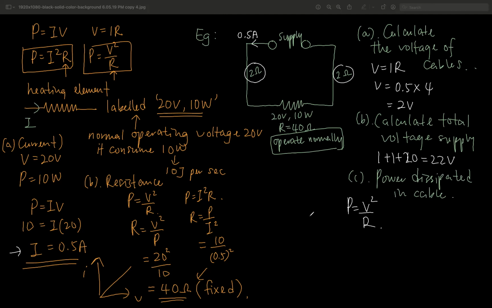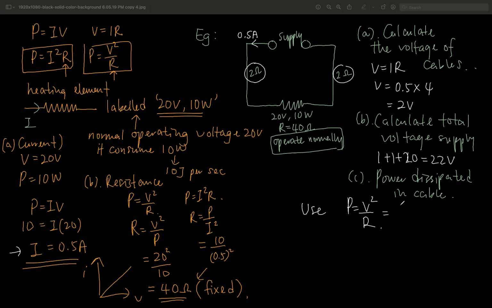If I use this one, you want to be careful. Which V is the V? The V is not the total voltage supply, because you're calculating the power loss across the cable. So this V is the voltage across the cable, not the voltage of the power supply, and also not the voltage of the resistor.